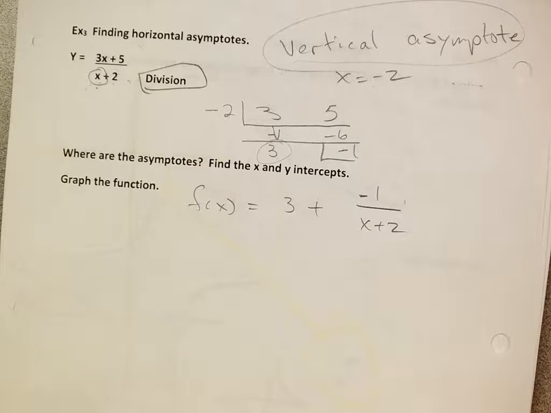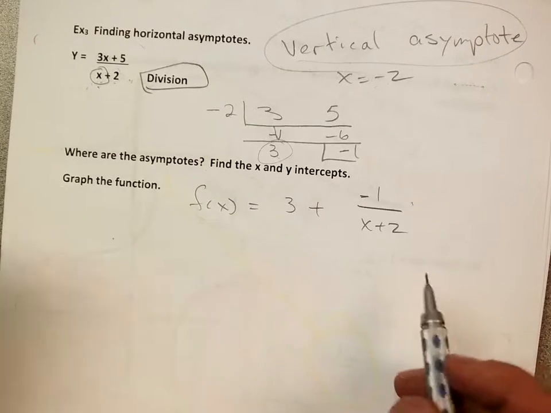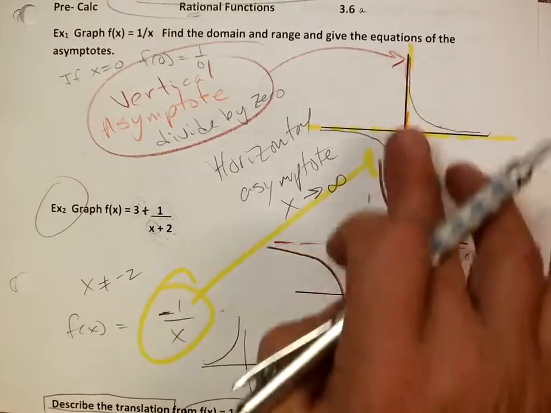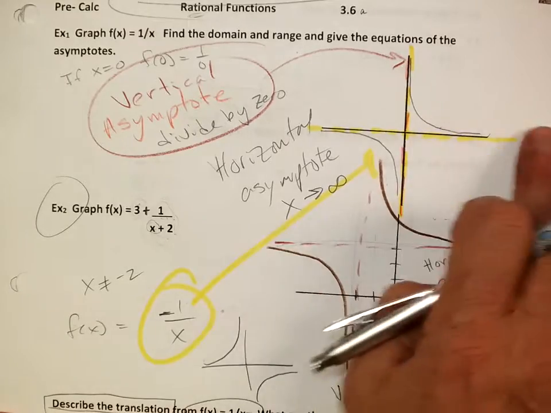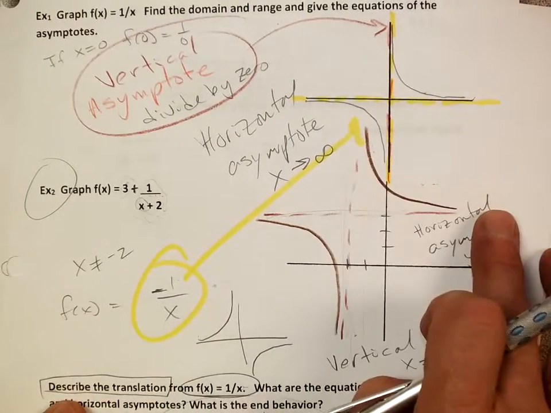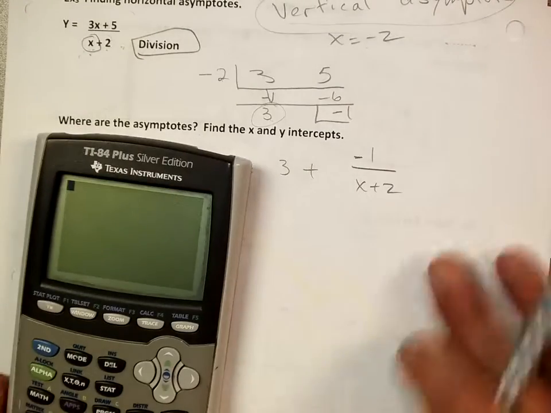All right. Now let me show you something. I really want you to understand why. If you think about these graphs, as x goes to infinity, you find your asymptote. So let's put really big numbers in here, just for fun.